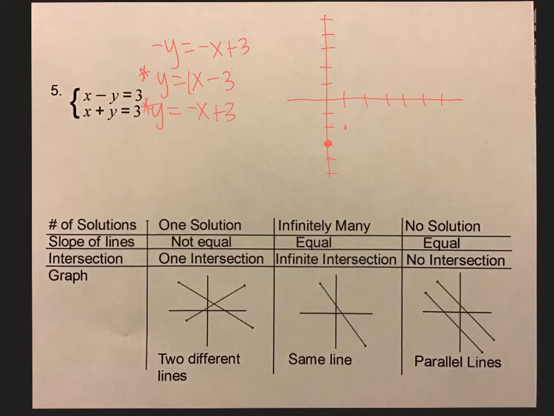So up 1 over 1, up 1 over 1, and so on. And then my second equation, y equals negative x plus 3. I'm going to start up at positive 3. I have a slope of negative 1. So down 1 over 1, down 1 over 1, and so on until they intersect.